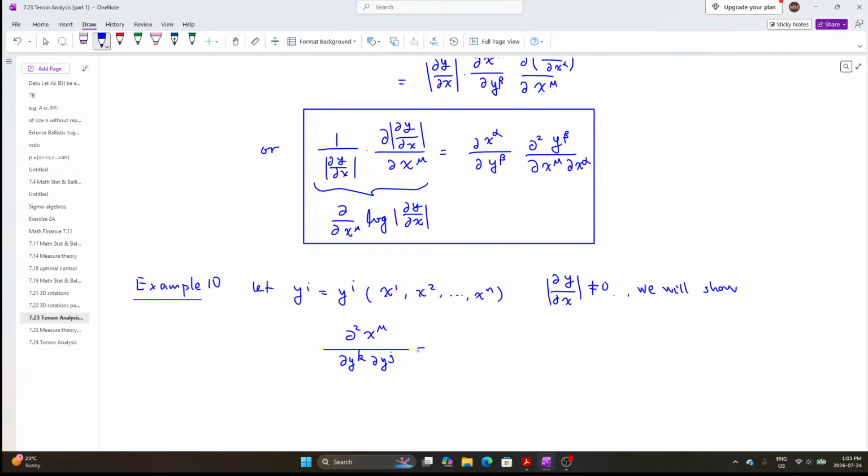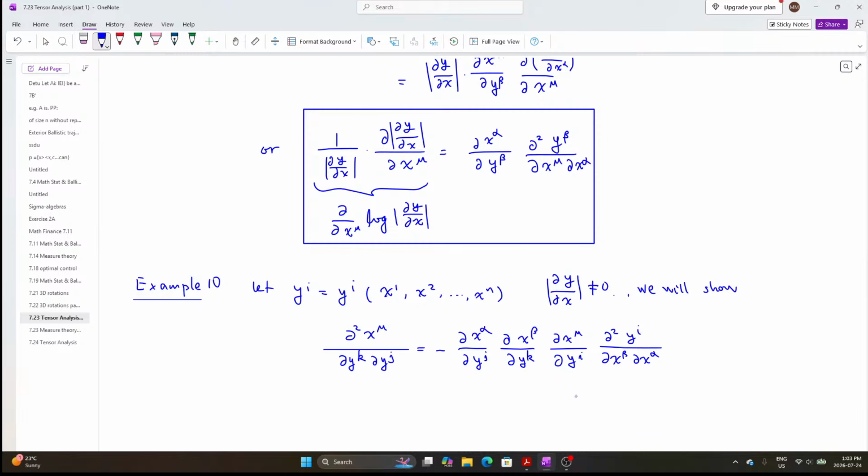And the result is as follows: minus dx^alpha over dy^j, and dx^beta over dy^k, and dx^mu over dy^i, and then times the second derivative, which is d squared y^i over dx^beta dx^alpha. So it's a pretty complicated formula.